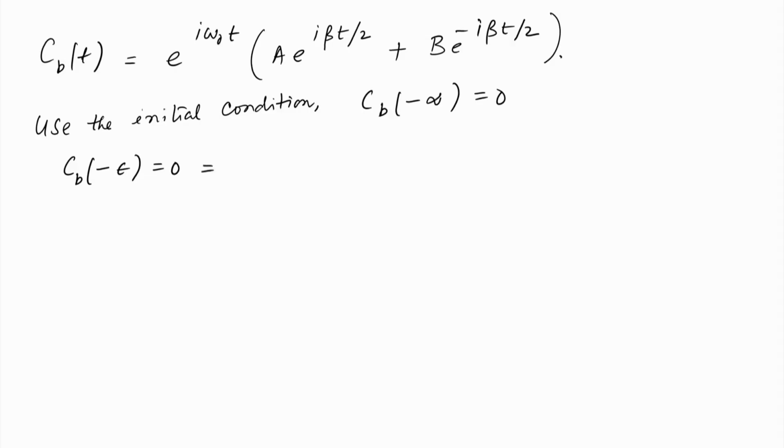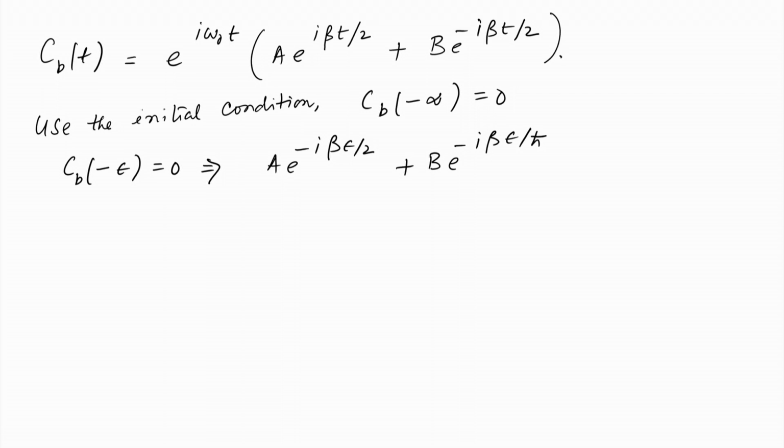So, this gives rise to an exponential minus i beta epsilon by 2 plus b exponential minus i beta epsilon by 2, because exponential i omega t at t equal to minus epsilon is not equal to 0.